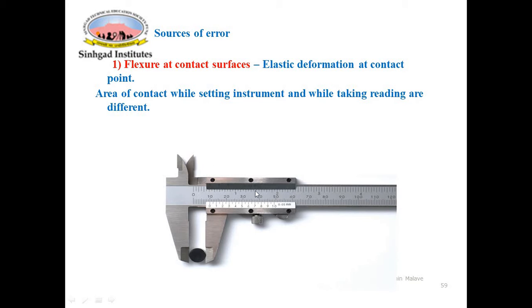So we have to make sure that the area of contact while setting the instrument and while taking the readings are both the same. Otherwise there will be flexure at the contact surfaces, and there can be elastic deformation at the surfaces, and we can have this type of error.